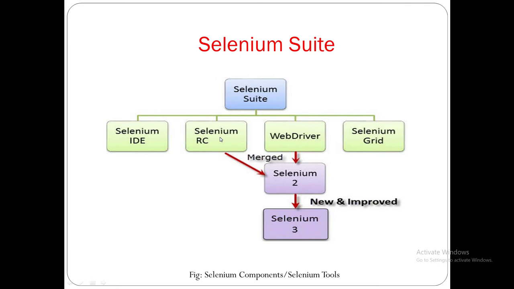RC is nothing but remote control, which allows the tester to write automated tests for the web application UI in any of the supported programming languages. It has 2 major components: the Selenium RC server and the Selenium RC client. The Selenium RC server acts as an HTTP proxy for web requests, and the Selenium RC client contains the libraries used for the programming language code.